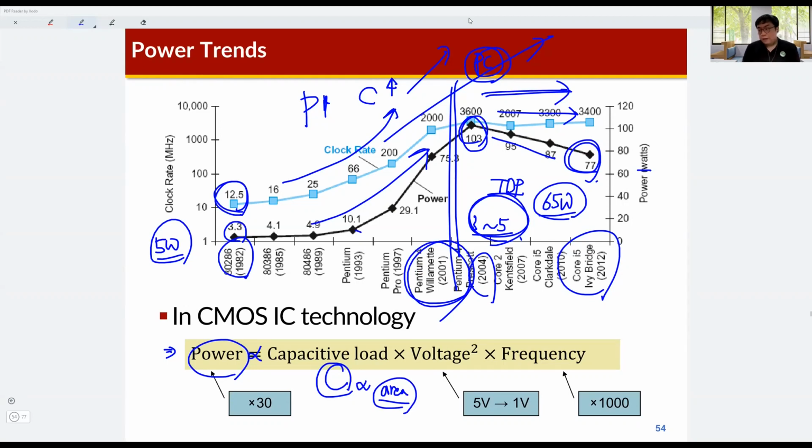In the previous class, I showed the photo of a CPU die. You can see a very large number of transistors, and if we fabricate this large number of transistors, then it also occupies some area. So this capacitive load is proportional to the area of the chip. And the voltage means the supply voltage, and frequency is the clock frequency.